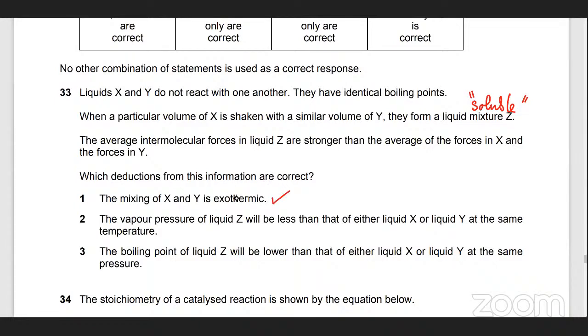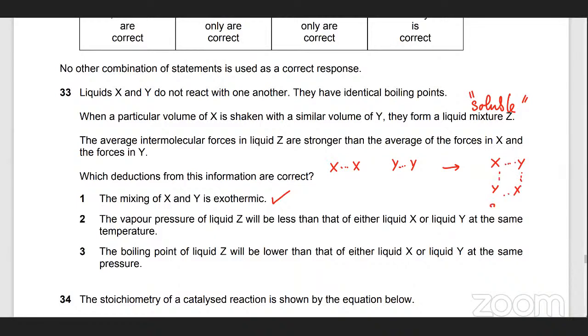Here's what's happening. You had a liquid of X and X, and the intermolecular forces were weaker. There was a liquid which had Y and Y mixed together, and the average intermolecular forces are weak. But when you mix them together, the X and the Y all mix up to form Z. Z is a mixture. They're not reacting with each other.